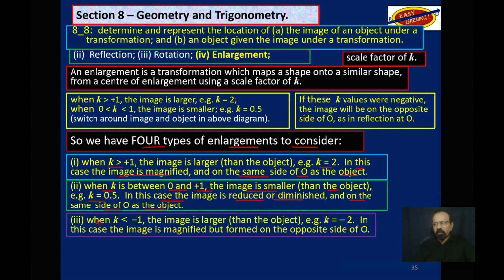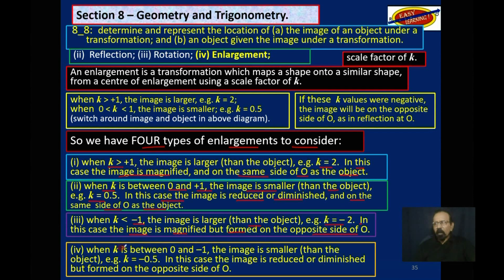object. The third situation, when k is less than -1. The image is larger than the object. For example, if k is -2. In this case, the image is magnified, but formed on the opposite side of O. And finally, when k is between 0 and -1, the image is smaller than the object.